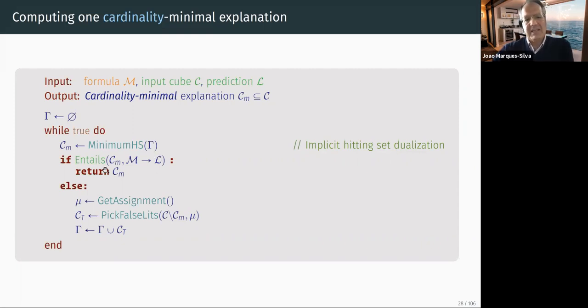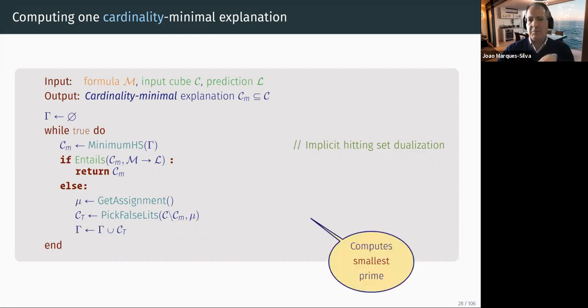We still have the entailment check here, but to search for the minimum, what we are going to do is iteratively compute a minimum hitting set. If we have entailment, we are done. If not, we block this solution and look for another one. Essentially, this is the grand idea of this loop. It looks very simple, but in practice it's, as I said, much more complicated, and I'm going to show you some results. But again, we can prove that this gives you a smallest prime implicant and so a smallest explanation. Okay, very good.